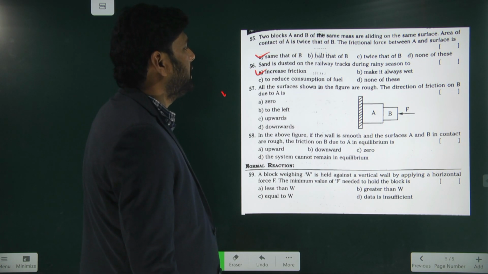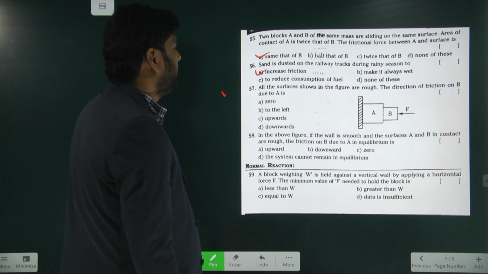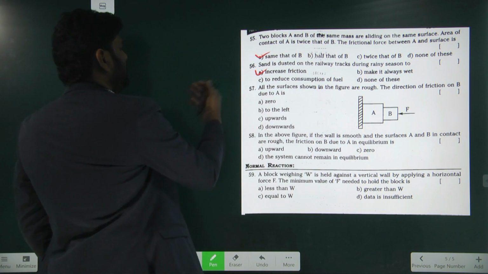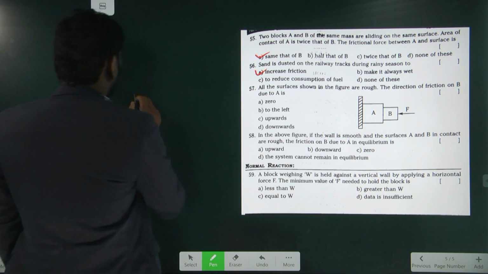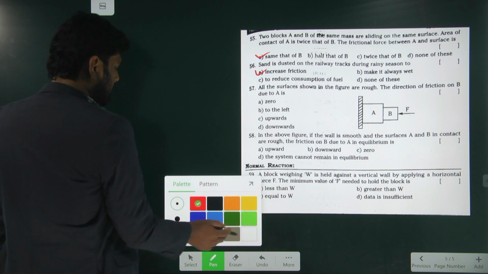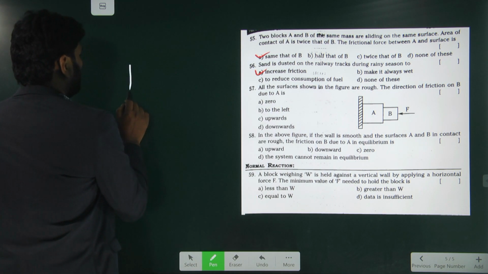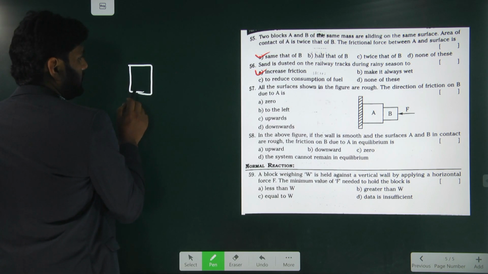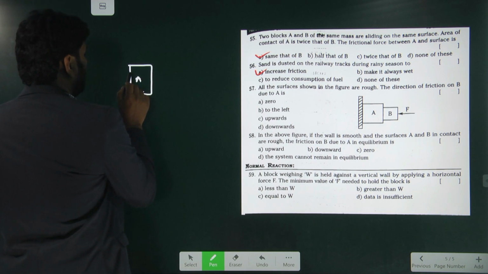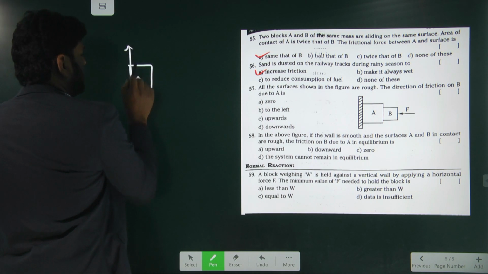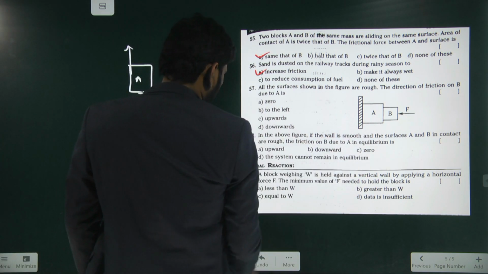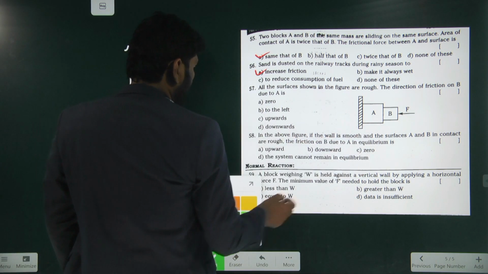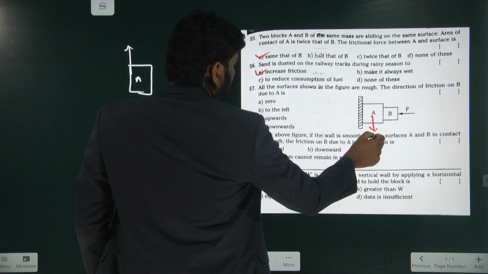Next, all the surfaces shown in the figure are rough. The direction of the friction on B? Observe the free body diagram of the A block and B block. Look here, A block. When the A block is trying to slide here, Mg is acting in this direction.